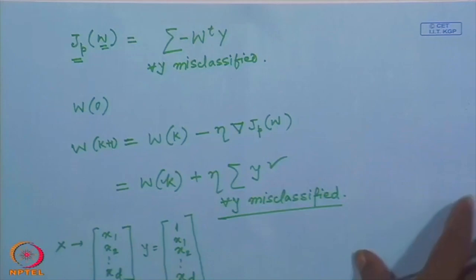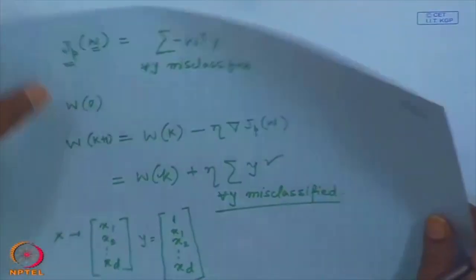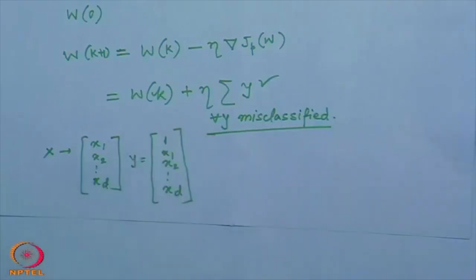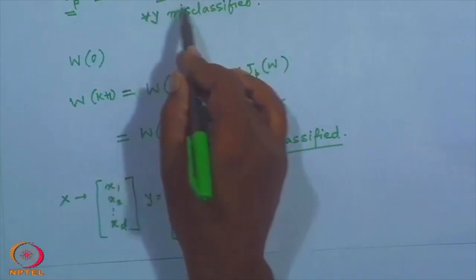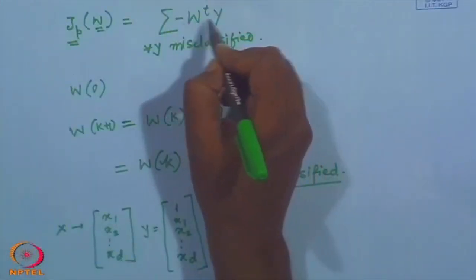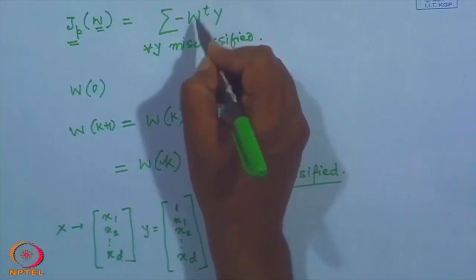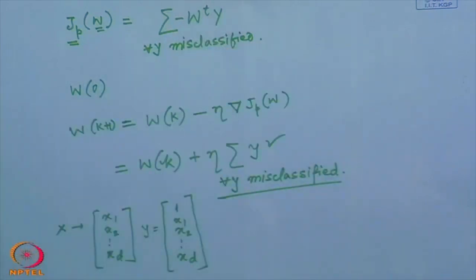And then what we do is, if this y belongs to class say omega 1, y remains as it is, but if y belongs to class omega 2, then we negate y. So that whenever a sample is correctly classified, this term is always positive. W transpose y is always positive if the sample is correctly classified.